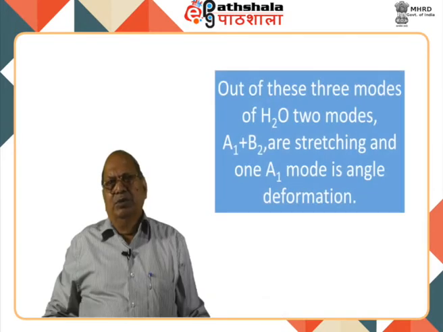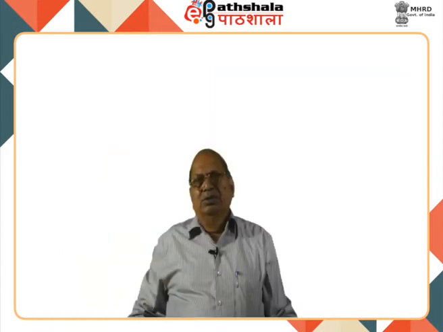Out of these three modes of the water molecule, two modes, A1 and B2, we obtained by stretching, that is oxygen-hydrogen bond stretchings, and one A1 mode is angle deformation. These modes of vibration are shown in the figure below.